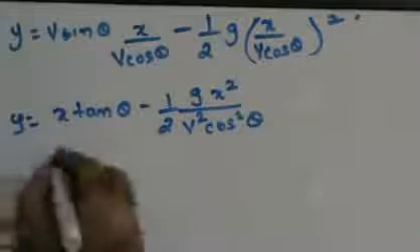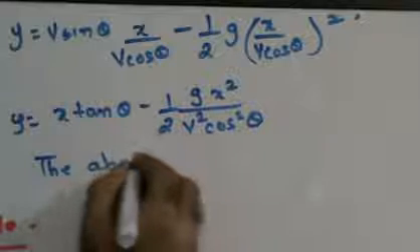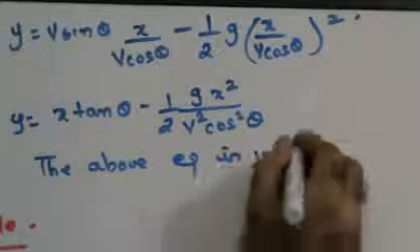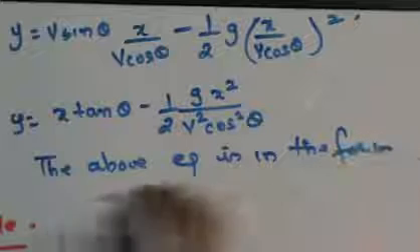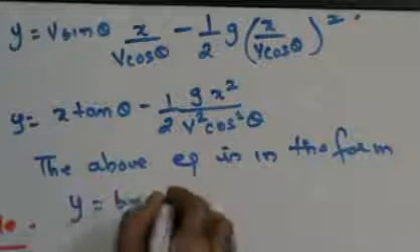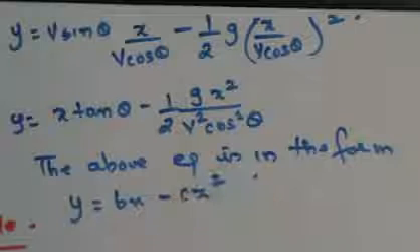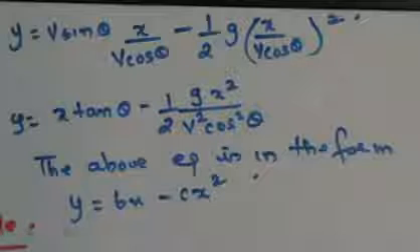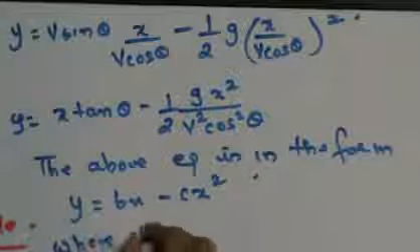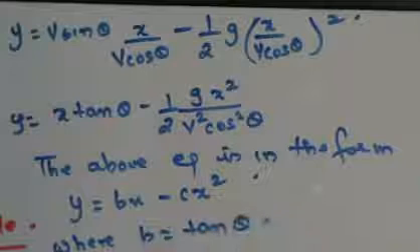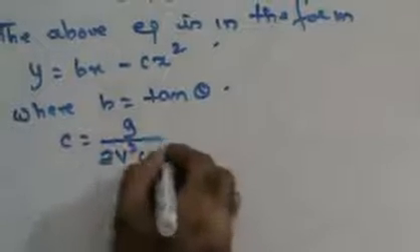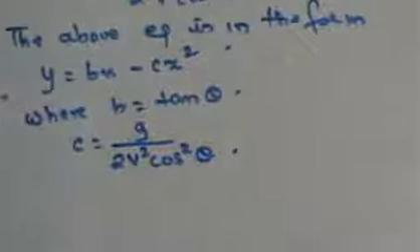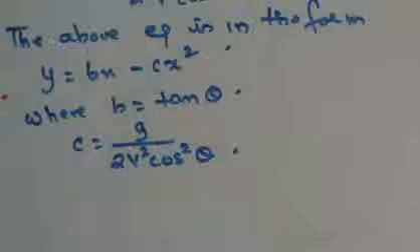Now I can say that the above equation is in the form y is equal to bx minus cx square, where b is tan theta and c is g upon 2 v square cos square theta. If this is true, in that case this represents the equation of parabola, right?